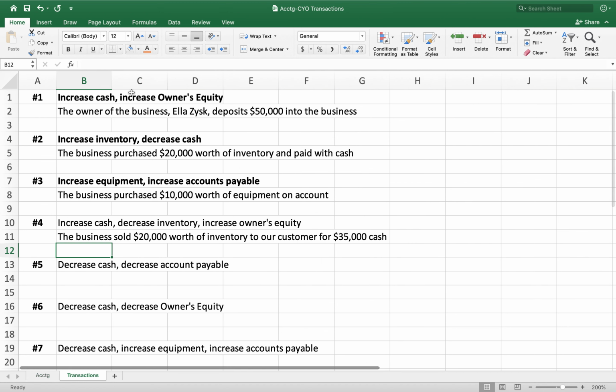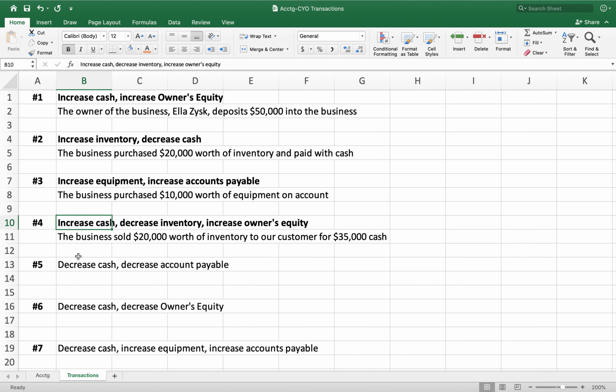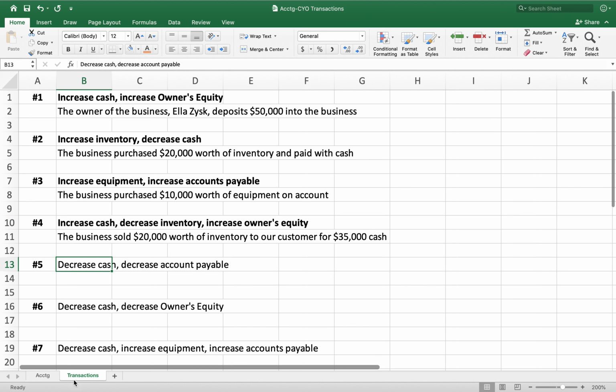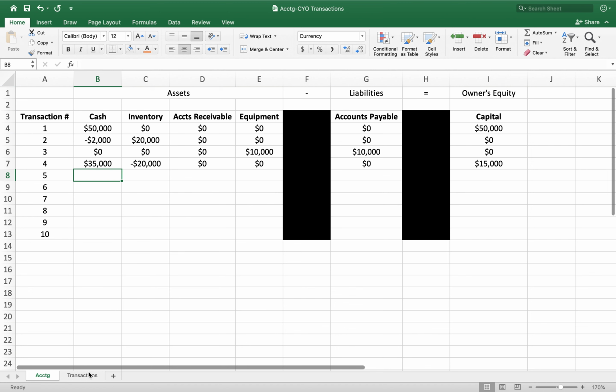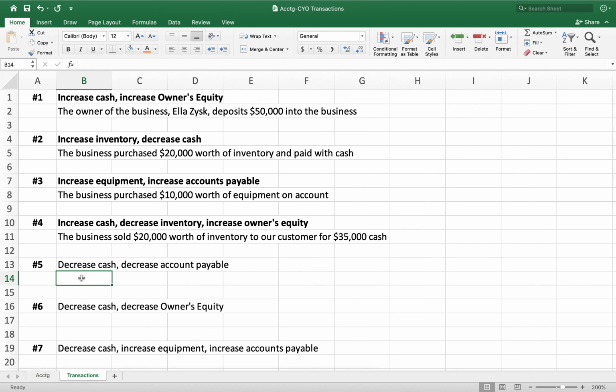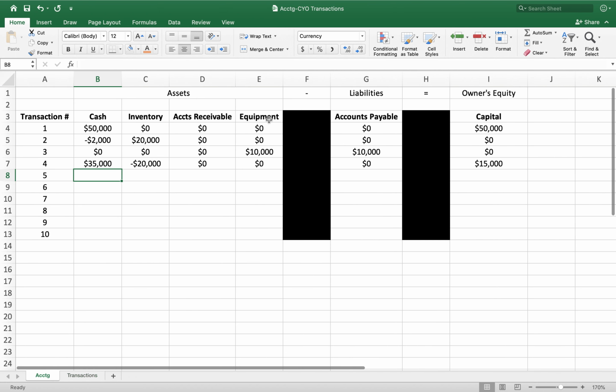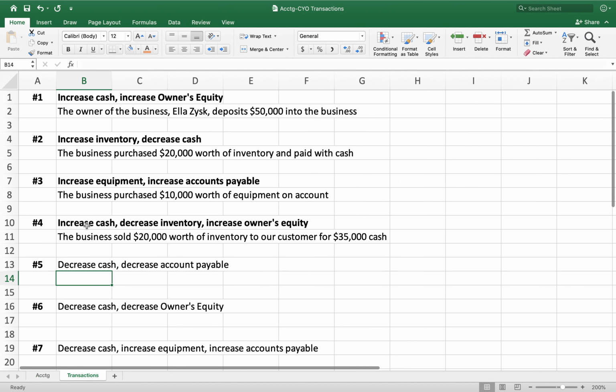All right, on to number 5. We're doing all right on time. Number 5, decrease cash, decrease accounts payable. So if we decrease cash, decrease accounts payable, we're going to pay off some of our debt. If we go look at our debt, it's $10,000. Let's pay $5,000 of that accounts payable off. Actually, you know what? Let's pay all of it off. All right?